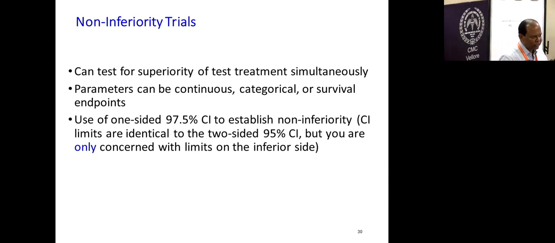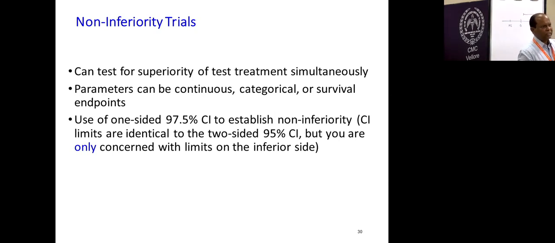Minus interest is, I know it is inferior, therefore I am interested in the lower limit of the confidence interval. If there is a difference, what would be the lower limit of the confidence interval, and whether that exceeds this limit or not. At the end of the study, you find the difference, your confidence interval falls here. What does it mean? Superior.